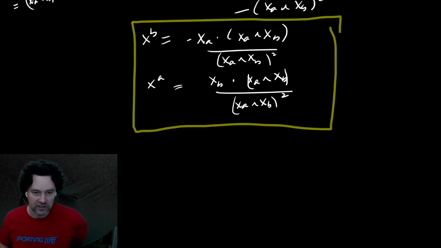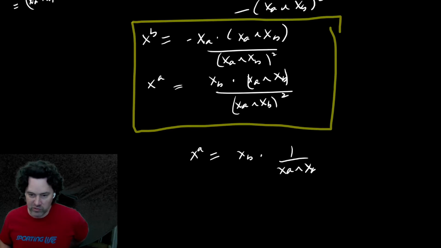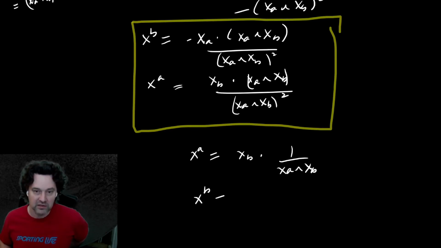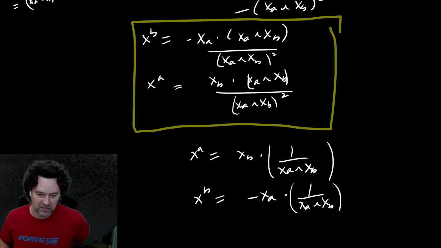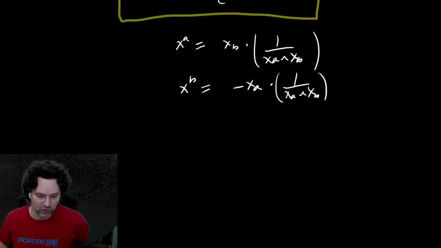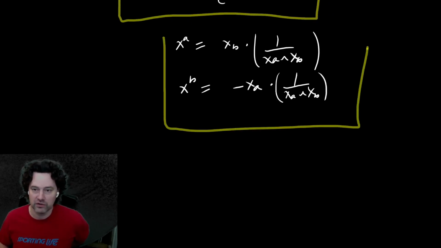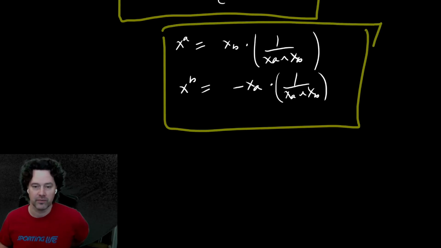So we can finally write xa is xb dotted with 1 over xa wedge xb, and xb is minus xa dotted with 1 over xa wedge xb. That's the geometric algebra form of the reciprocal frame vectors for 2D parameterization. This is our final form.